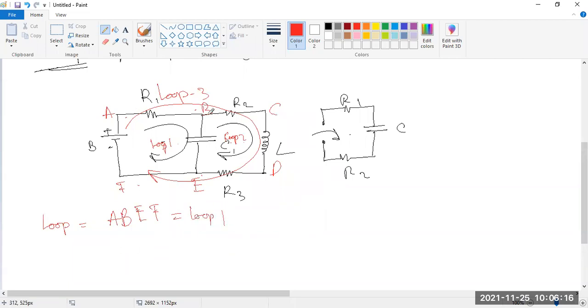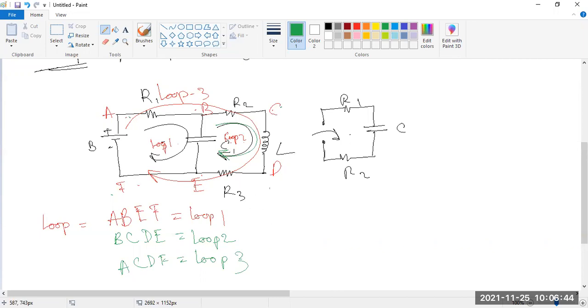But now B, C, D, E, say I'm giving this as B, C, D, E. It is loop 2. And also you can say A, C, D, F. It is also a loop, that is loop 3.